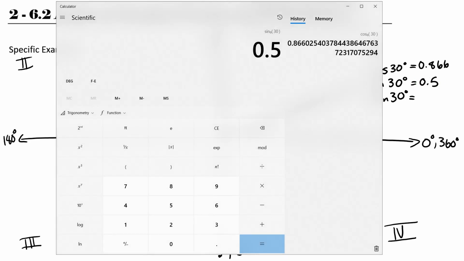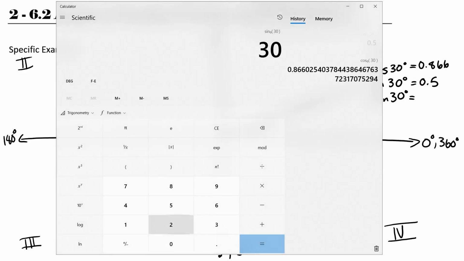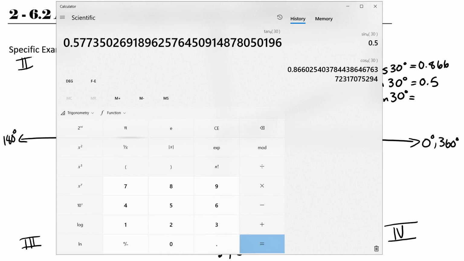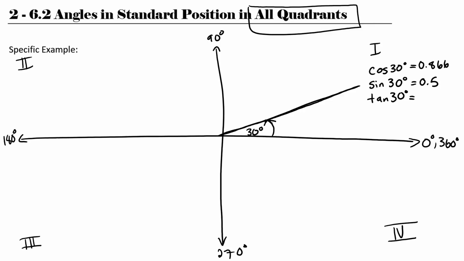And the tan of 30 is 0.57735, but I'm just going to put 0.577. Now we're going to find way nicer ways of describing these decimals that seem to go on forever, but for now this will be just fine.